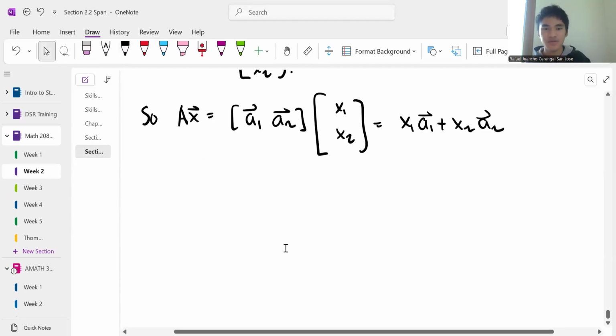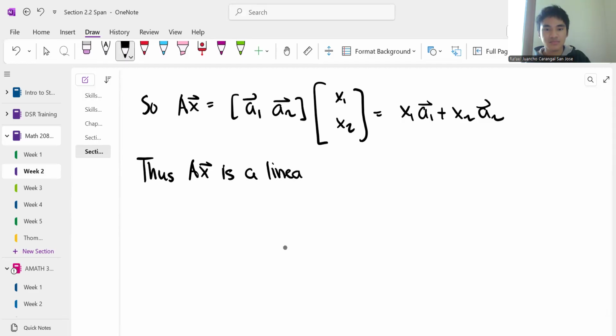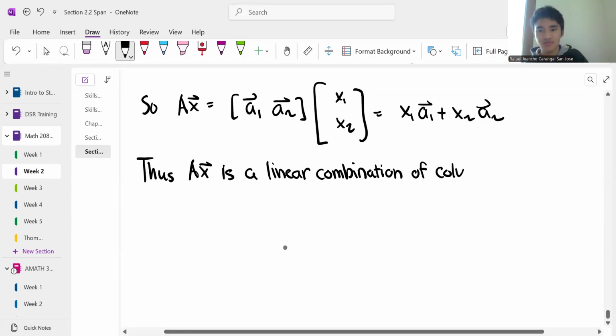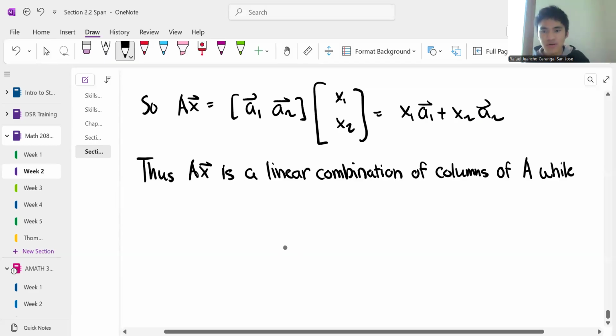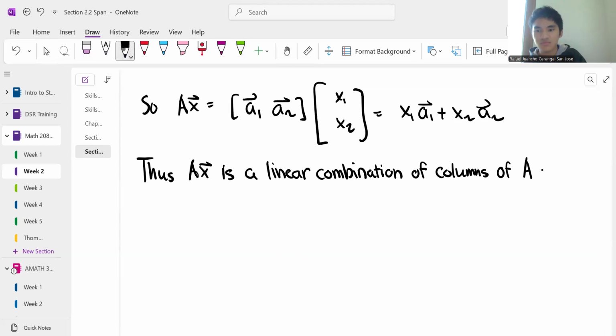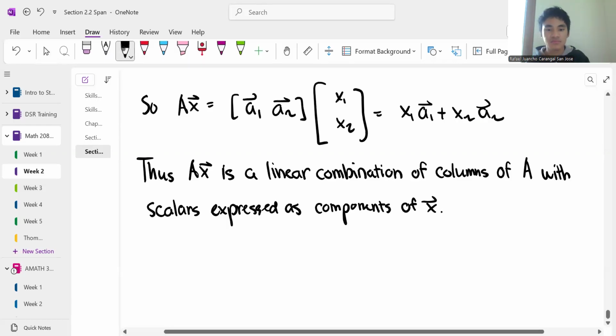So we say from here, Ax is a linear combination of the columns of A. You can think of the columns as vectors, to be honest, with scalars, but the scalars here are expressed as components of x, right?